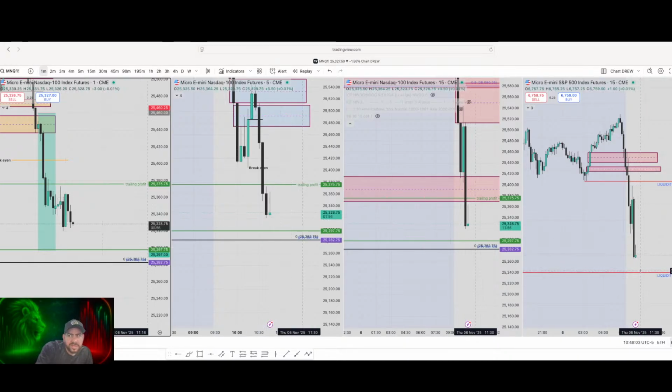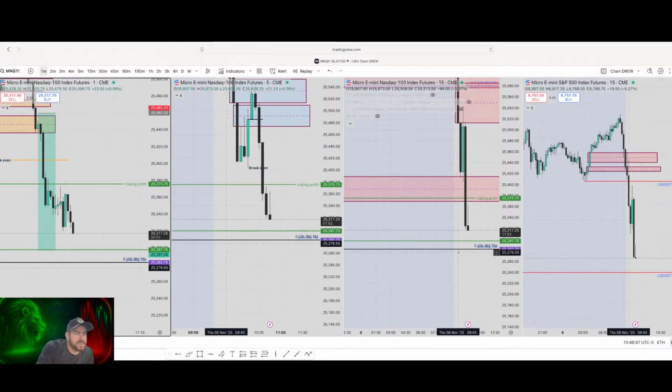If we get liquidity taken out on ES, I'll close it. But it looks like we're gonna take it out before that, so looks like we're good.